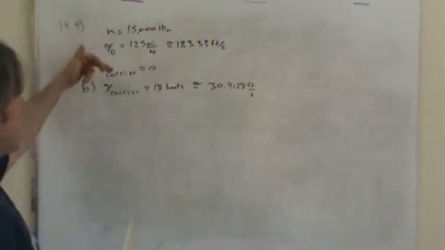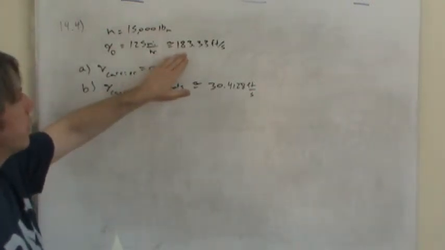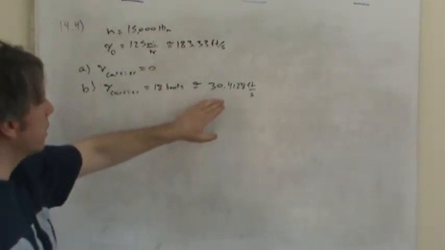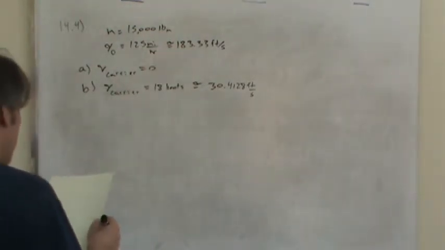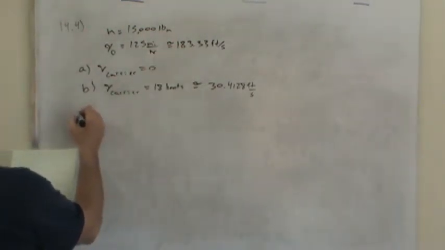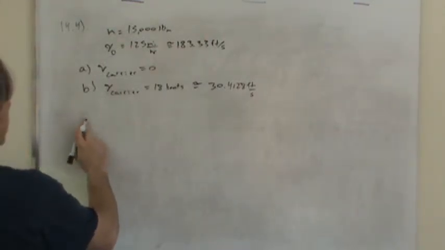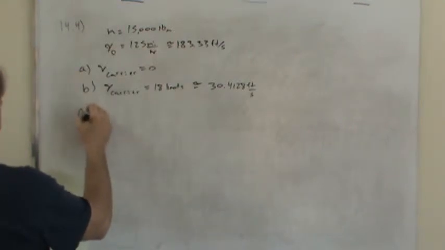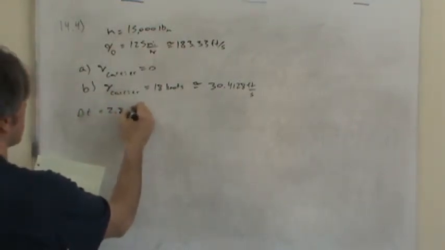So it's the relative velocity between the two that's important. Initially, the relative velocity is 183. For part B, the relative velocity is about 153. Oh, by the way, the amount of time, delta t, for landing the plane is 2.8 seconds.